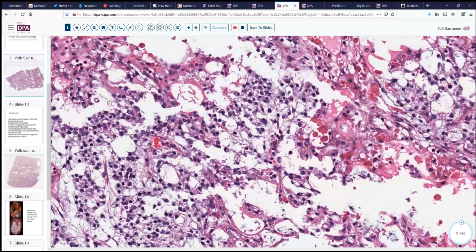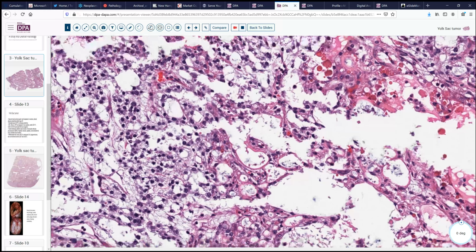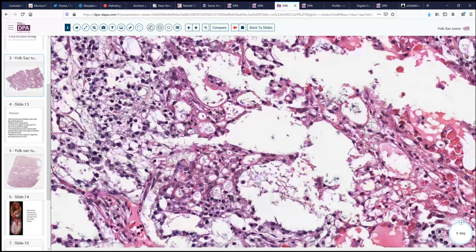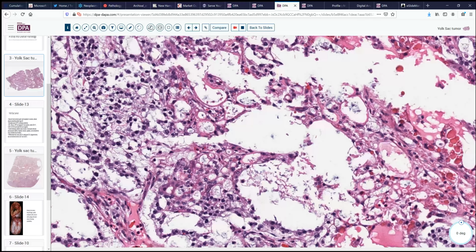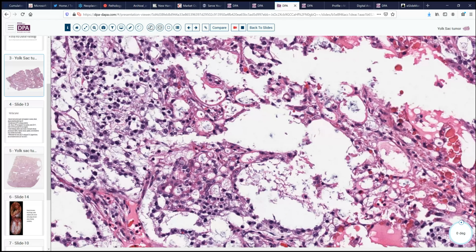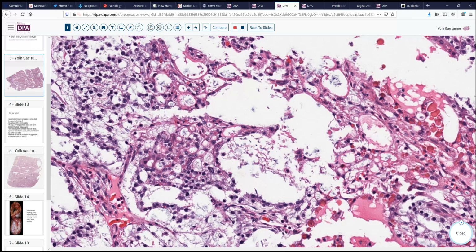We don't see a pattern of lymphocytes per se. We do see a few areas where there's a bit more pink cytoplasm, maybe some more epithelioid appearing cells in a few areas.